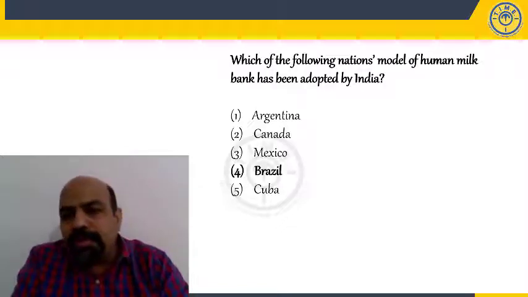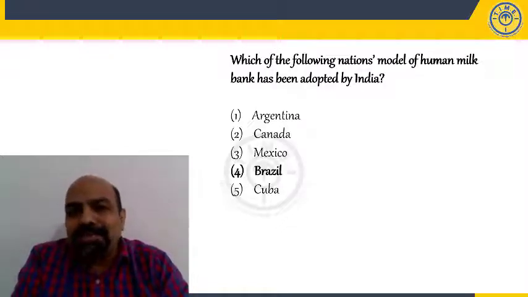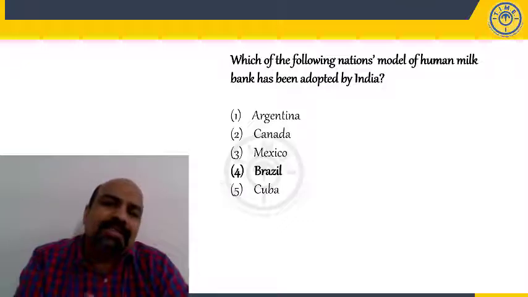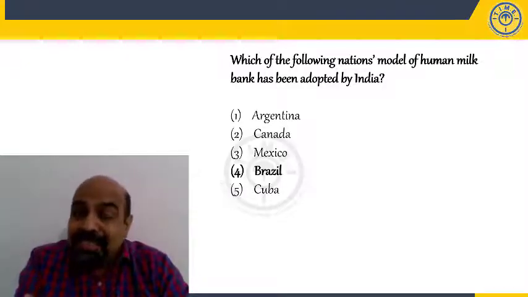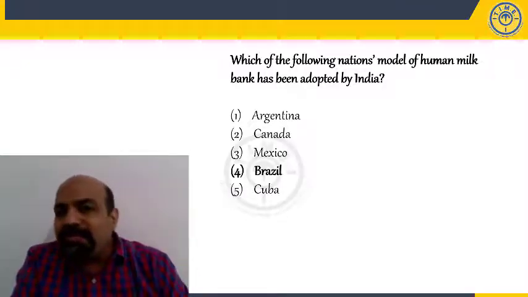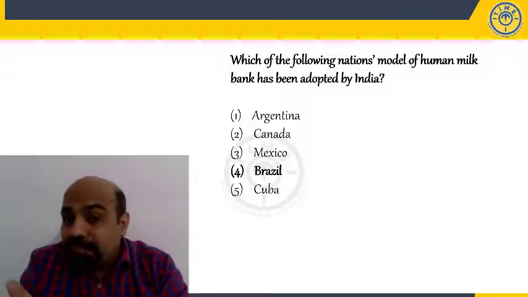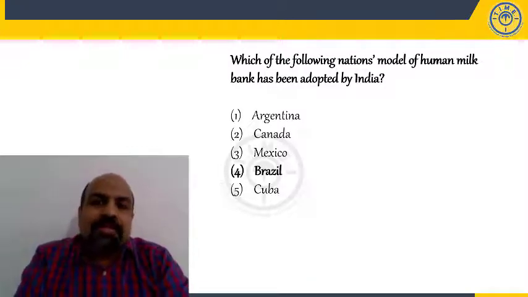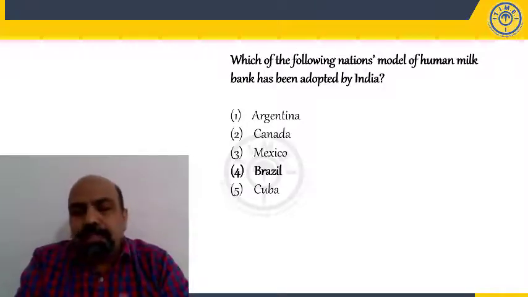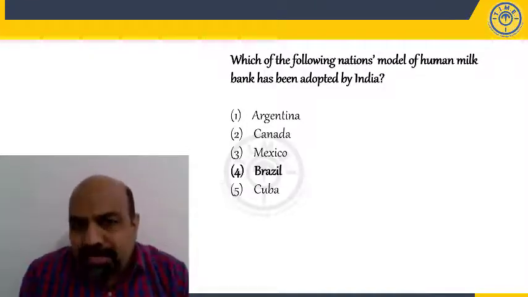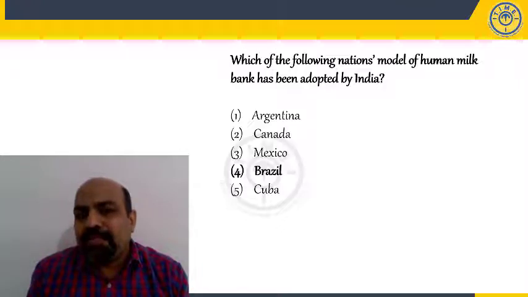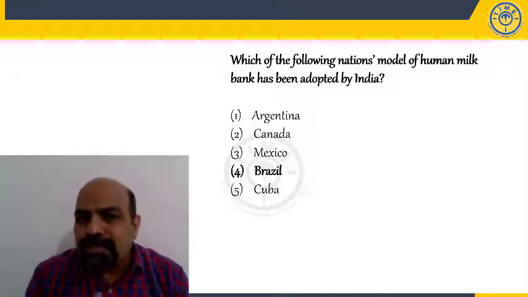Now, I'm fascinated with all these things, the way we humans have worked wonderfully well in certain difficult situations. So it is very important for us to learn these things. How can a human milk bank help? A human milk bank can help a baby who is away from the mother and is devoid of mother's milk.